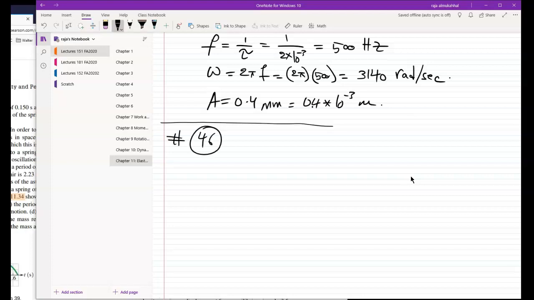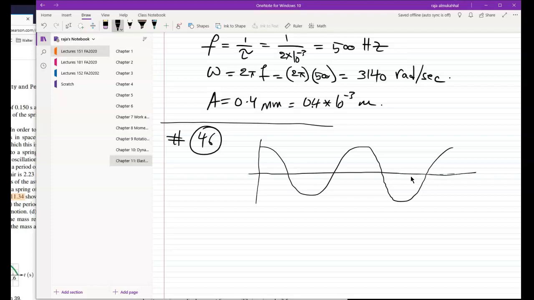It looks something like that, where this is the t-axis in seconds.